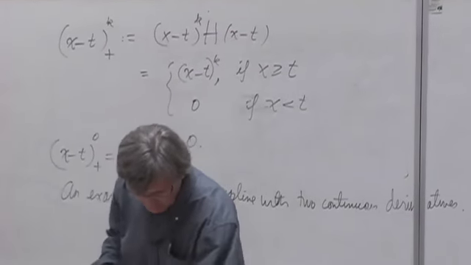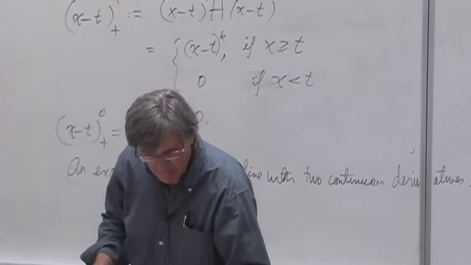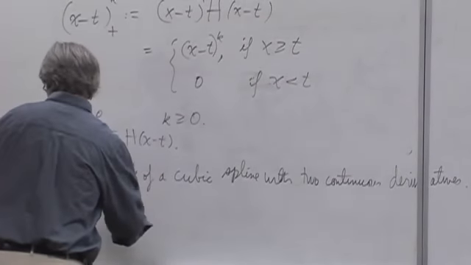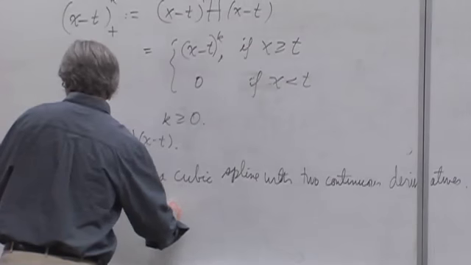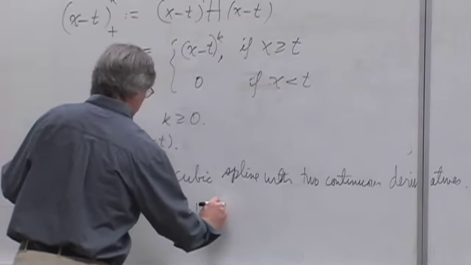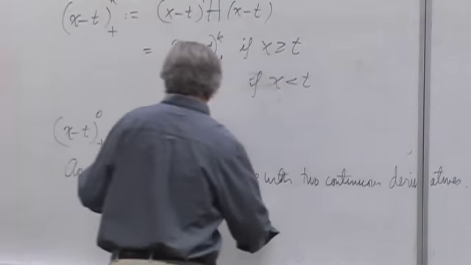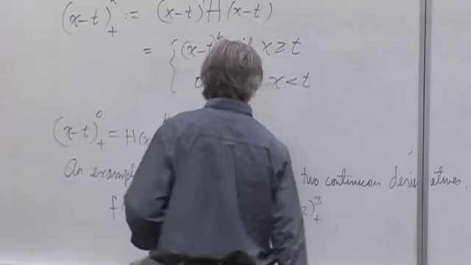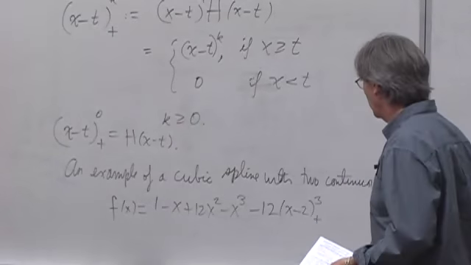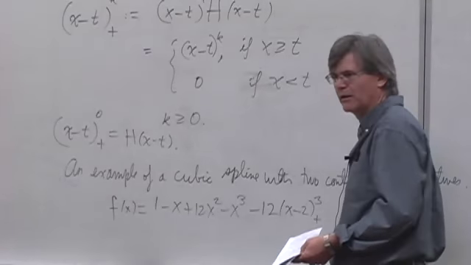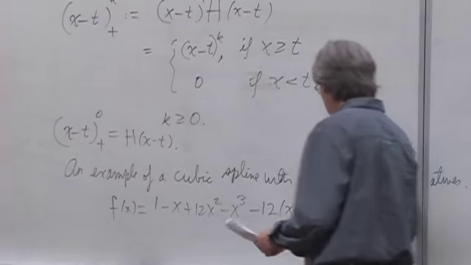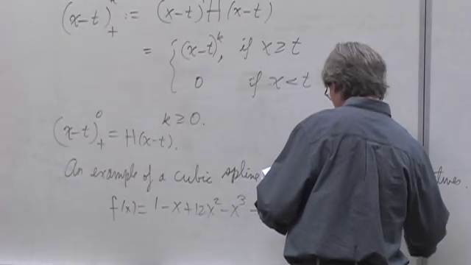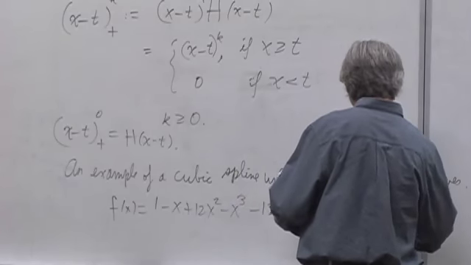I hope I did. I put in f of x equals 1 minus x plus 12x squared minus x cubed minus 12 times (x minus 2) plus cubed. So it's a cubic function, then another cubic function for x bigger than 2, and yet another cubic function for x bigger than 3.